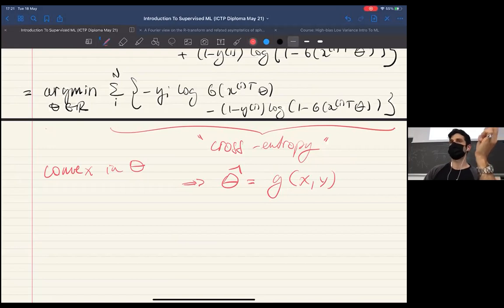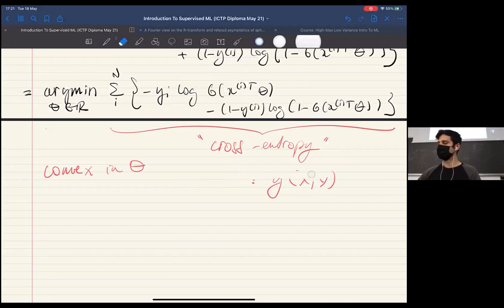Due to the logistic function, this is not linear in theta, so you will not be able to do that. You should try, but you will fail. Or if you do, you'll probably get the Fields medal or something like that.